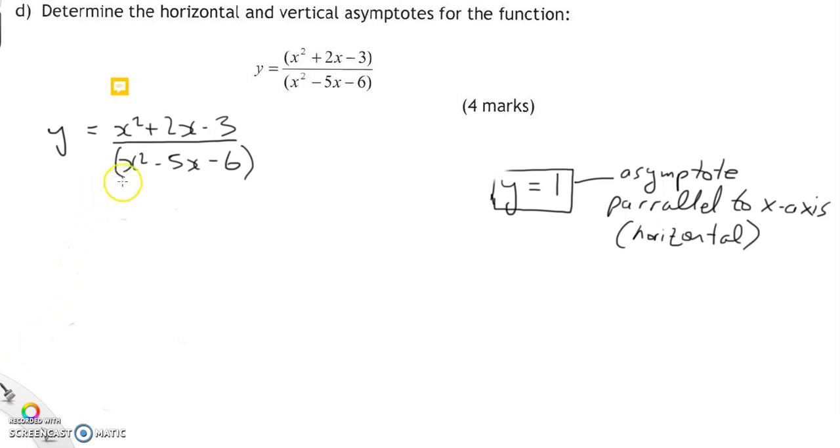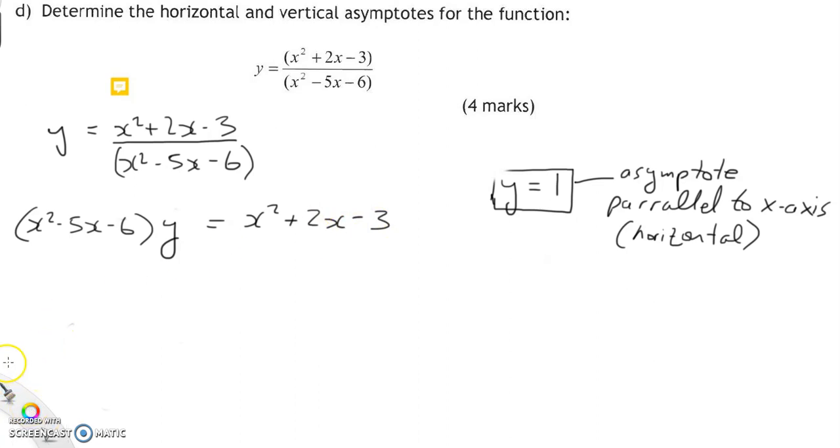So in this case, we multiply both sides by the denominator here, and we'll get (x squared minus 5x minus 6) times y equals x squared plus 2x minus 3.